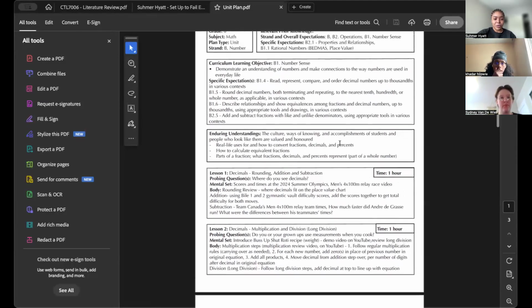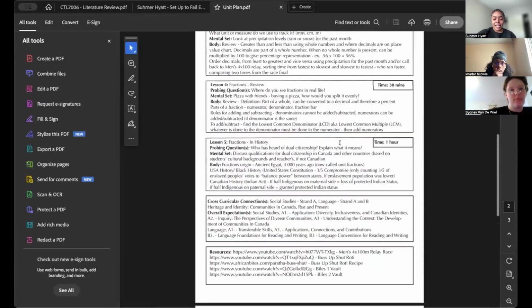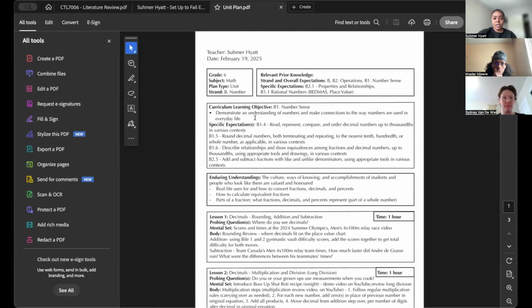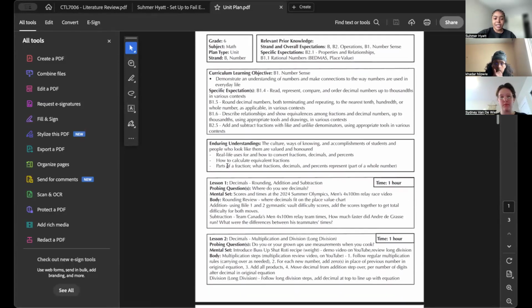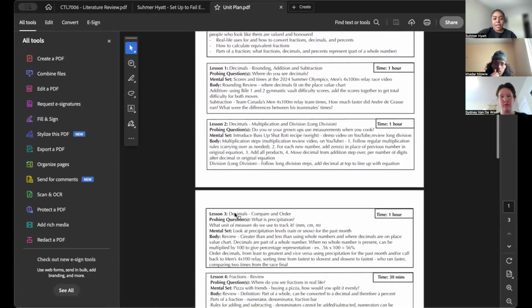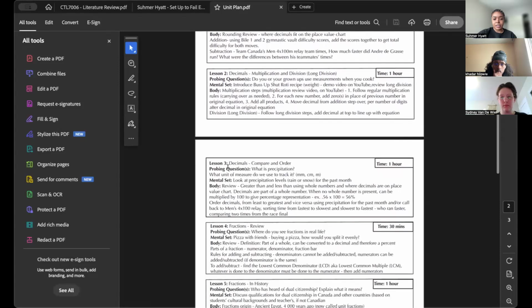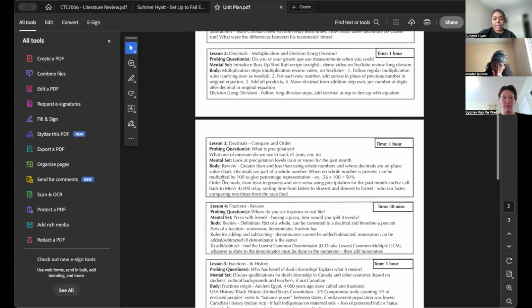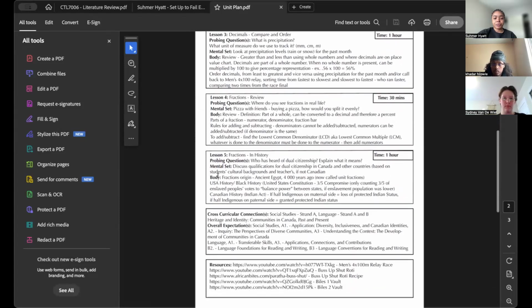So I had to develop my own unit plan template that includes the curriculum learning objectives, specific expectations, enduring understandings. Then I divided it by lessons, and each lesson has a probing question, a mental set, and then the body of the lesson.